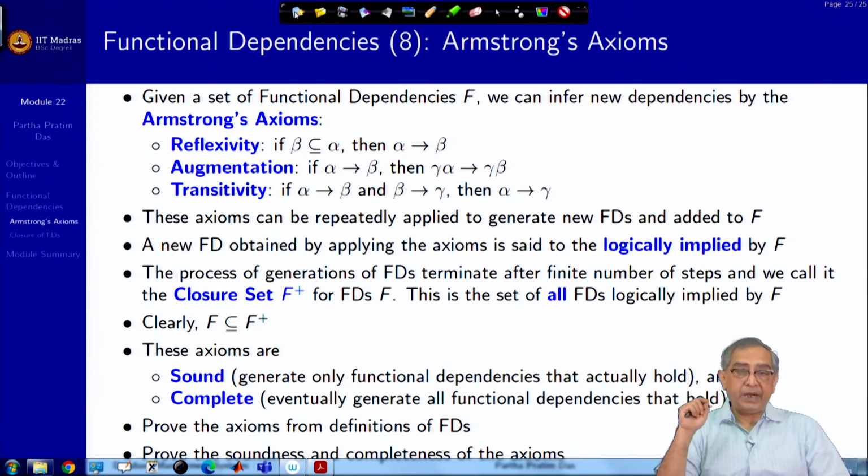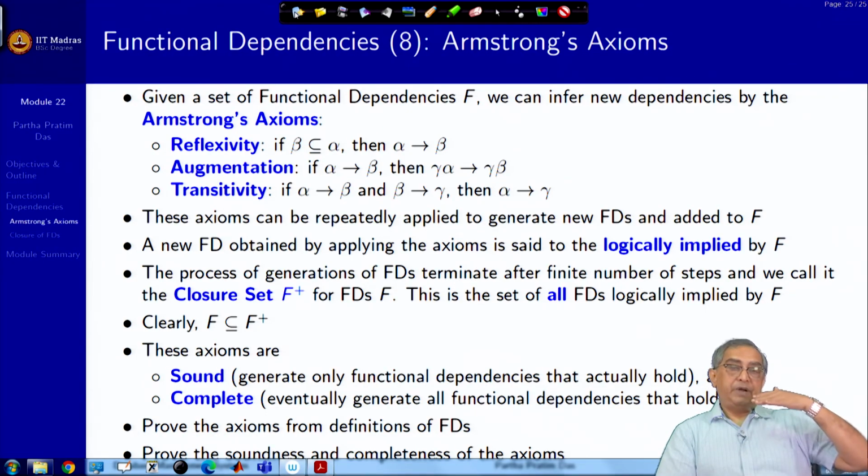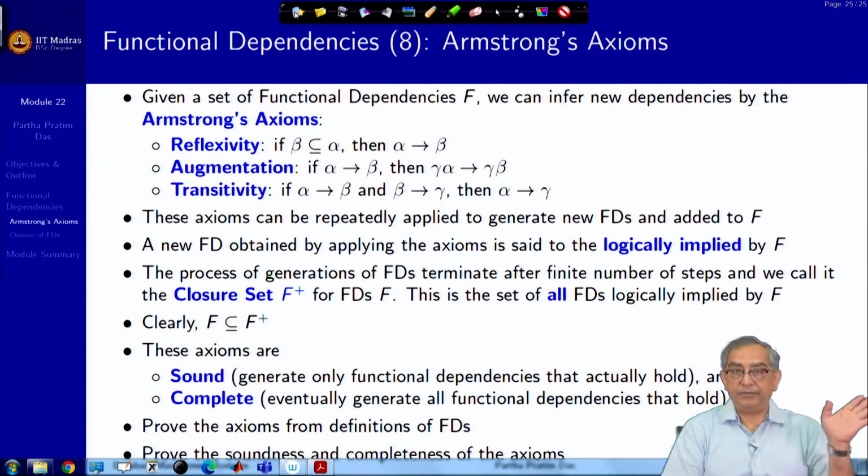The other one is a little trickier, which says that these axioms are complete. That is to say that if I take a set of functional dependencies F and keep on applying these axioms, then I will eventually generate all functional dependencies that hold. I will never miss out anything.